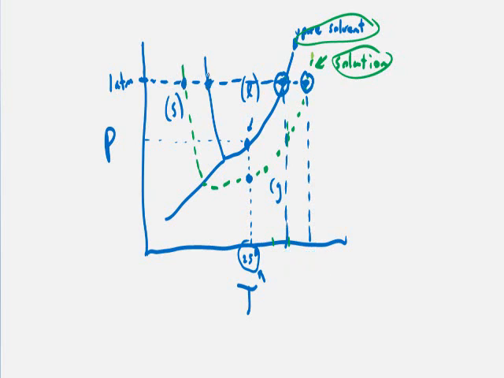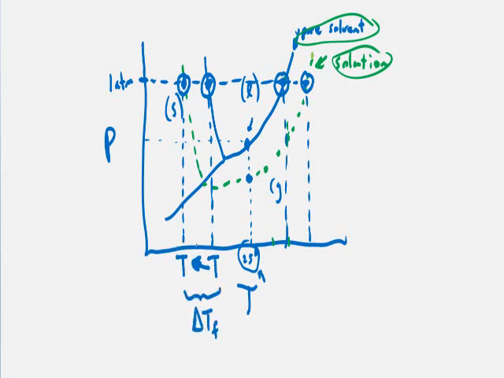On the flip side, if we go to 1 atmosphere, we get our normal freezing and melting point and our solution freezing or melting point. We drop down to our temperature, we have our temperature of pure solvent, and we can see that the temperature at which a solution will freeze is going to be lower than what we see for a pure solvent freezing.